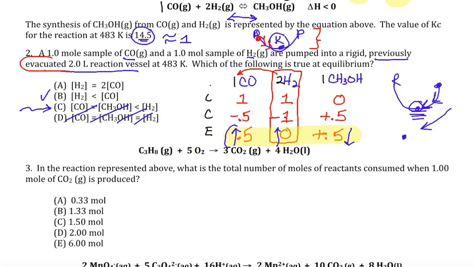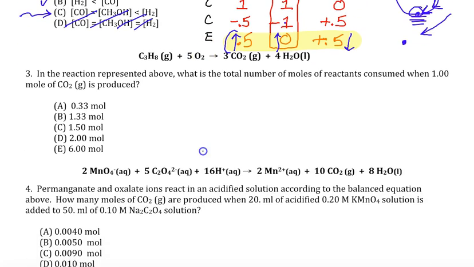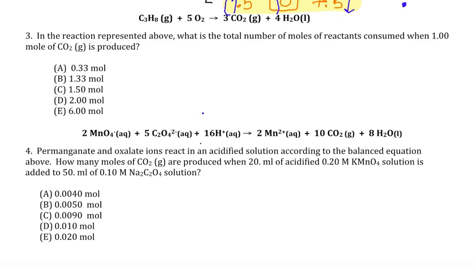All right, so number 3, moving on here. All right, in the reaction, what is the total number of moles of reactants consumed when 1 mole of CO2 is produced? So this is a little different. So they want to know the total number of moles of reactants. So I have C3H8, I have my O2, and they're talking about CO2.